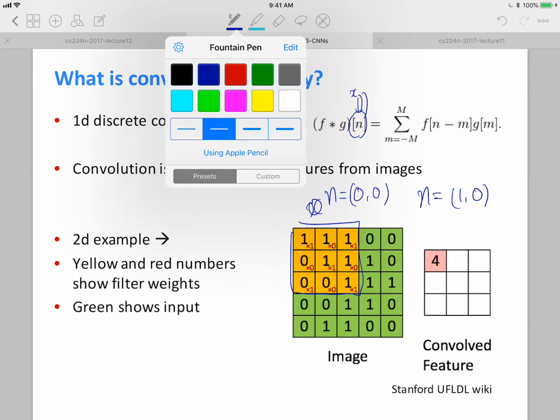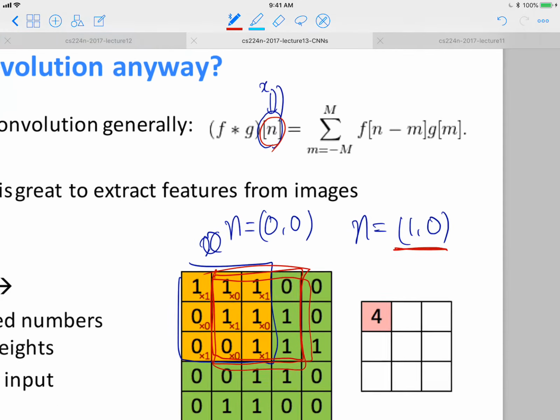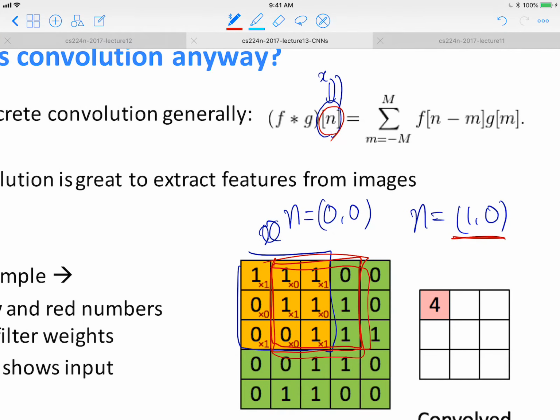In that case, we move the filter to the right, and then we apply the convolution on this part. Okay, so these variables are those different x values where our convolution is applied. But yep, so we have g of m, but here it is not m minus n, but it's n minus m.